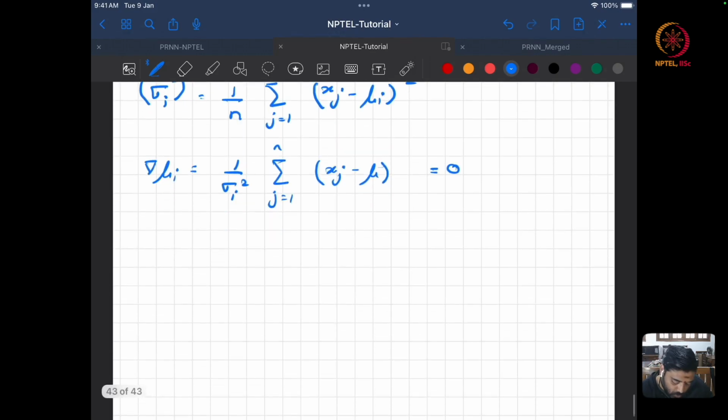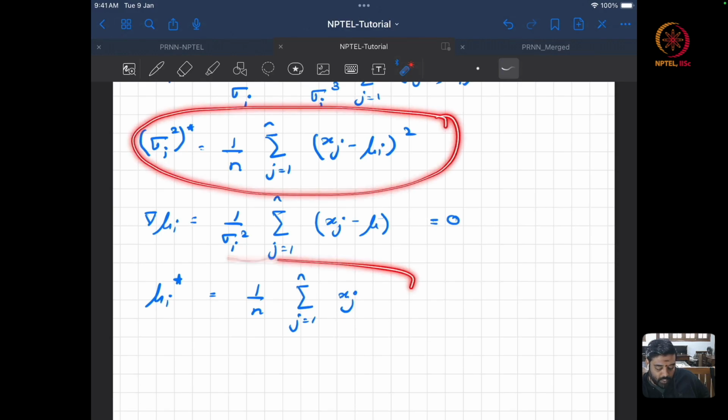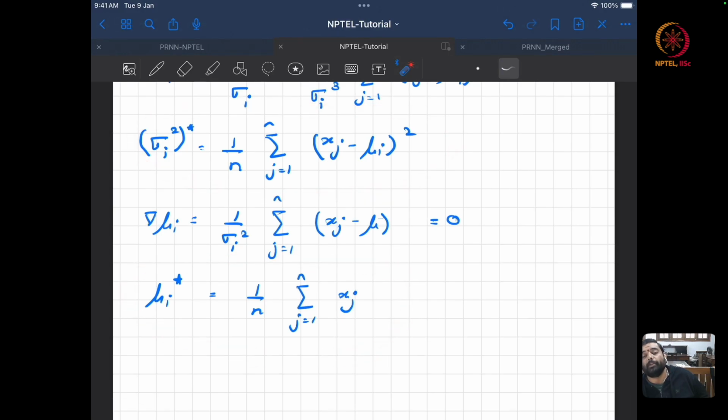So when you do so, mu i star equals 1 over n summation j equals 1 to n xj. Okay, now these are the two parameters that we can easily obtain.